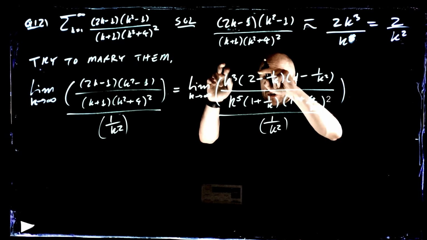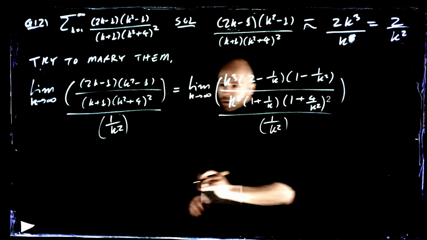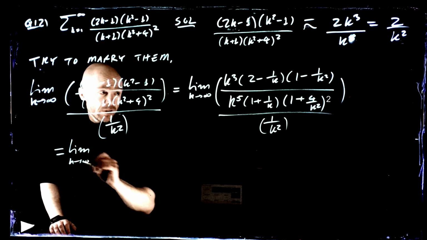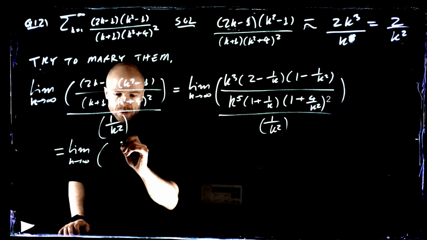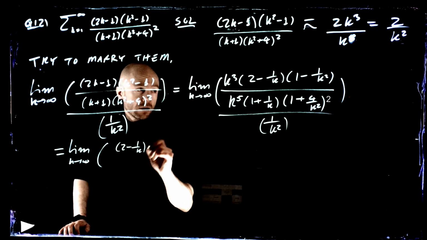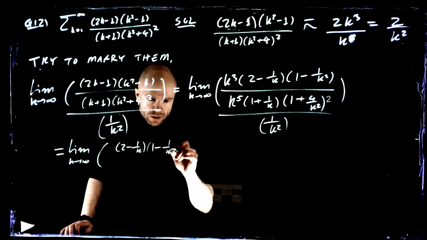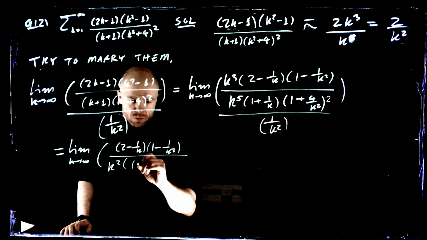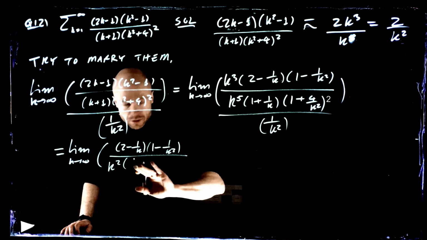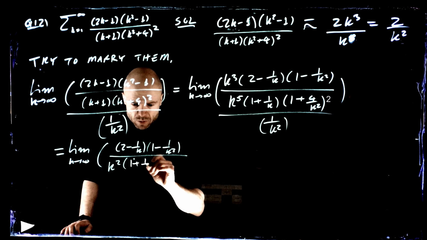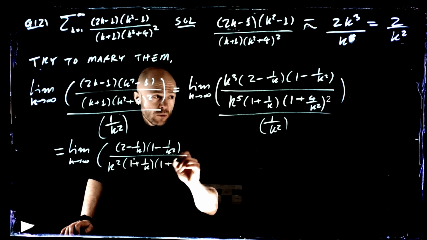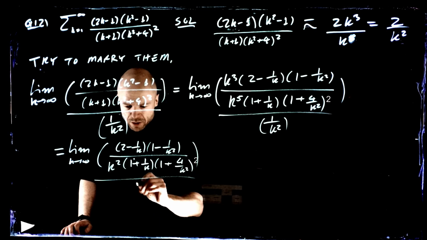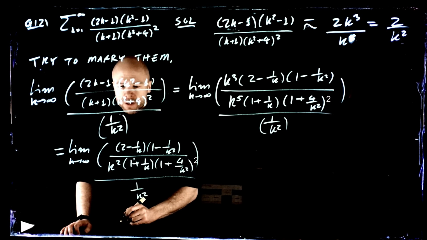Okay, so we divide this thing. That is the limit, as k tends to infinity, of 2 minus 1 over k, 1 minus 1 over k squared, and then here we have k squared, and we have 1 plus 1 over k, 1 plus 4 over k squared, over 1 over k squared.